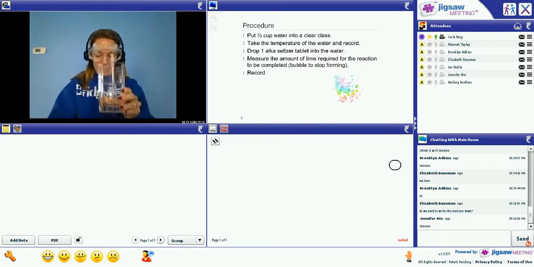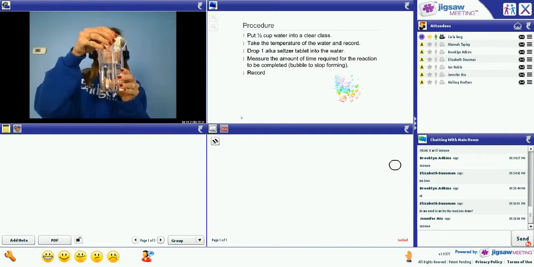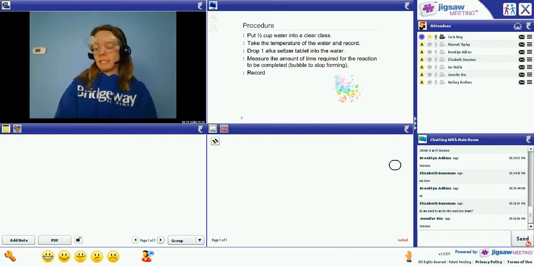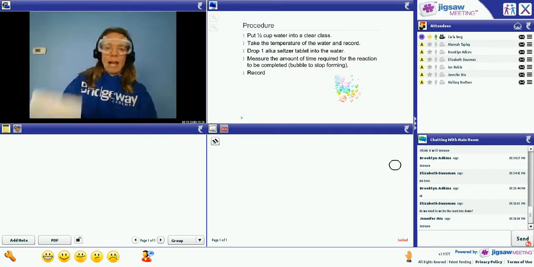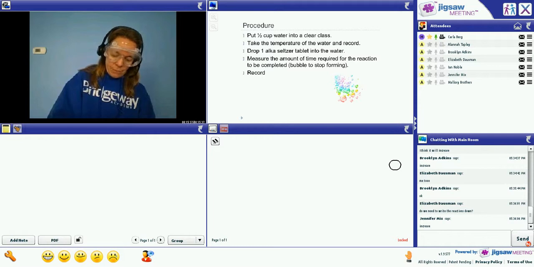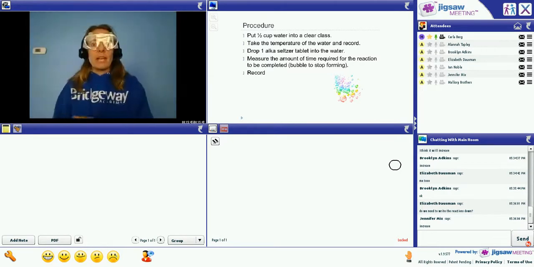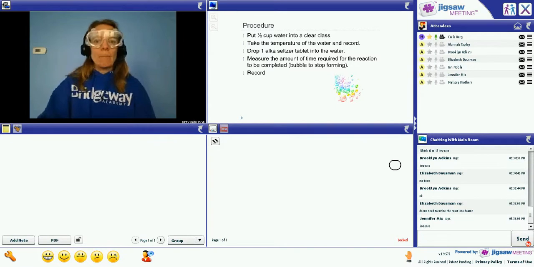So, for instance, the temperature of my water is about 15 degrees Celsius. So I'm just on my scrap piece of paper that I have. I'm going to write 15 degrees Celsius room. Just like this. Now, drop 1 Alka-Seltzer tablet into the water.